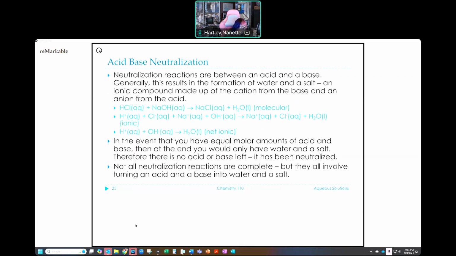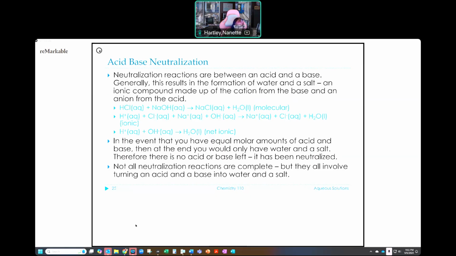But this is a process that we try and do. It's something we try and do in the laboratory. It can be very difficult to do. It's hard to get right. We have to monitor it a lot. It has a lot to do with not only how much of what we add, but also what concentration those things are. So we need to know not only what the volume is, but also the concentration.